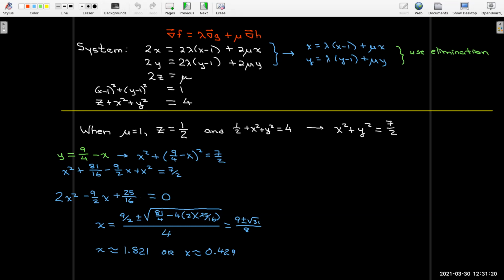All right, so I've got my exact x values, 9 plus or minus radical 31 over 8. And I know that y equals 9/4 minus x. So let's just work through the arithmetic then to calculate what the corresponding y values are. So I'll write with a common denominator here. It should have said 8.